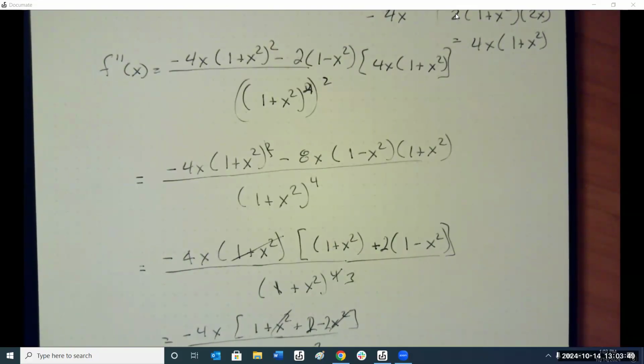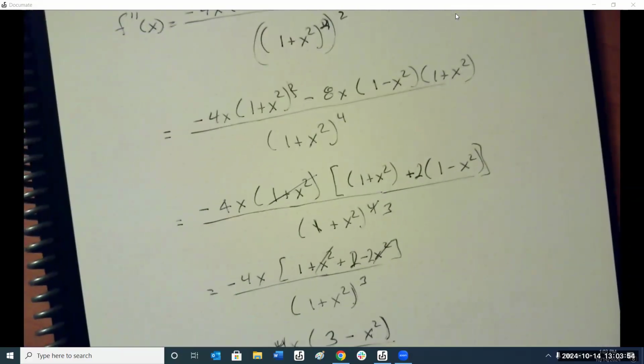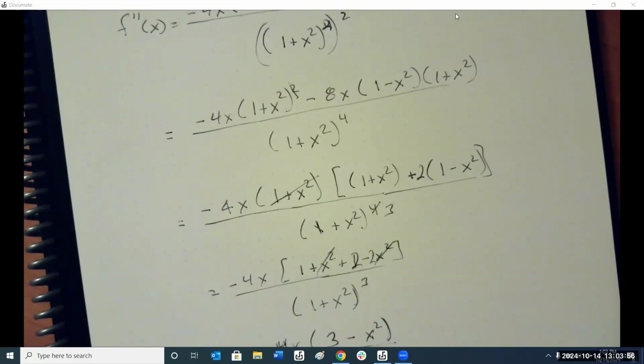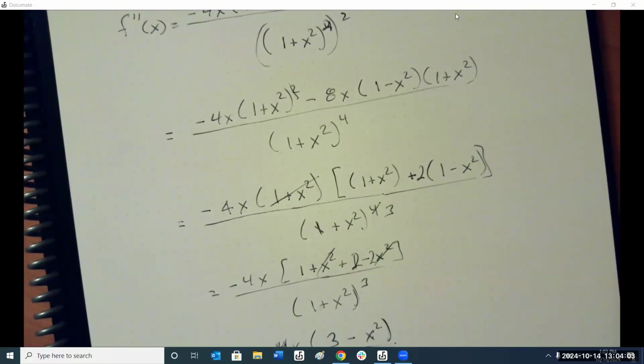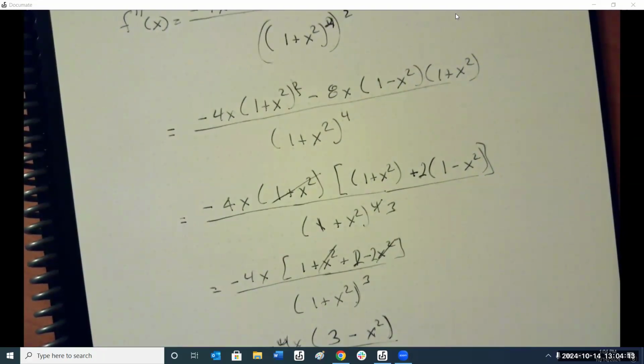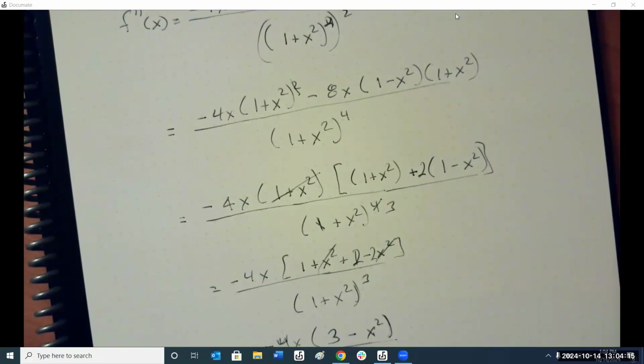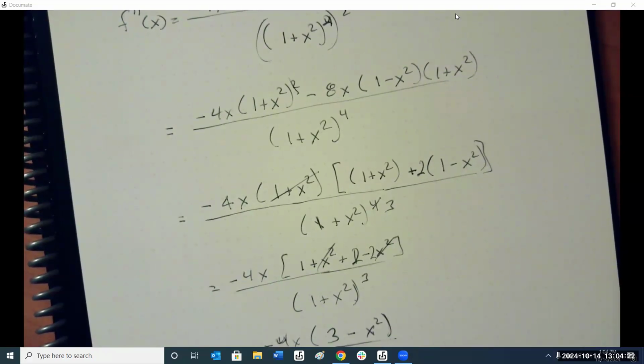Right. So we have the first derivative is 2 times 1 minus x squared over 1 plus x squared squared.